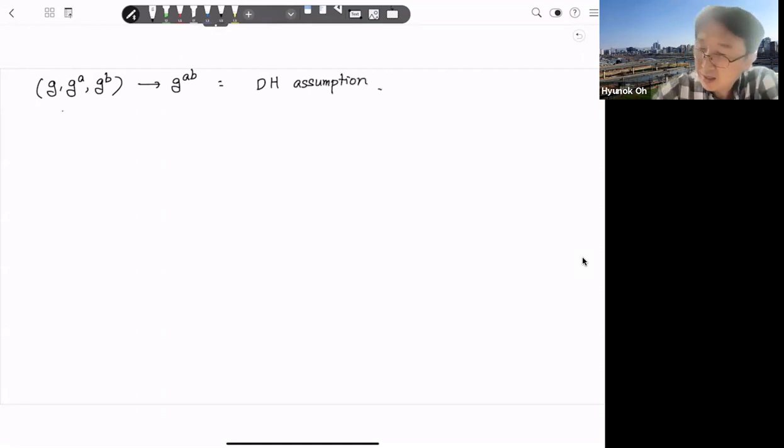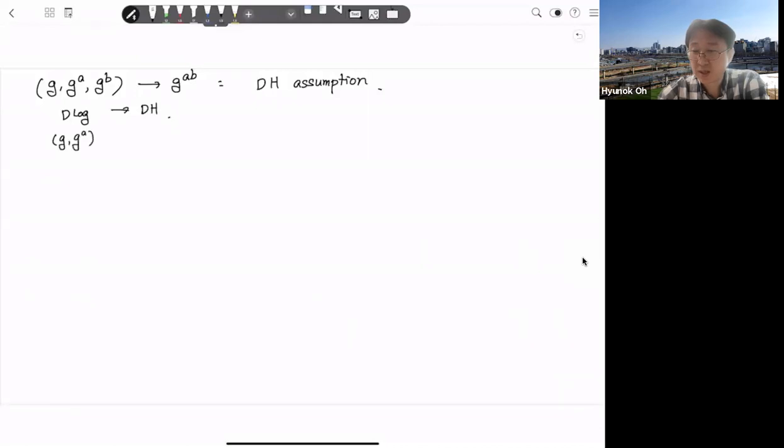So definitely, if discrete log is solved, then the Diffie-Hellman assumption is also solved, right? If we can compute a from G to the a, then definitely we can compute G to the ab, right?